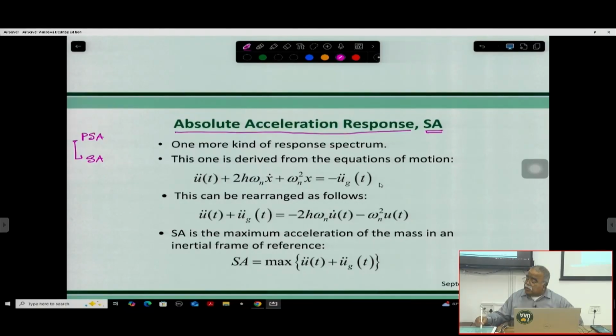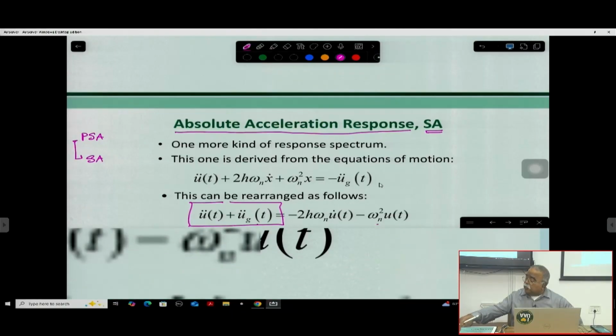So you have calculated U double dot T and UGT, which is the total displacement of the system, right? And U double dot T equals minus 2H omega n into U dot T minus omega n squared into UT, so you can calculate that by bringing this side and this side together.